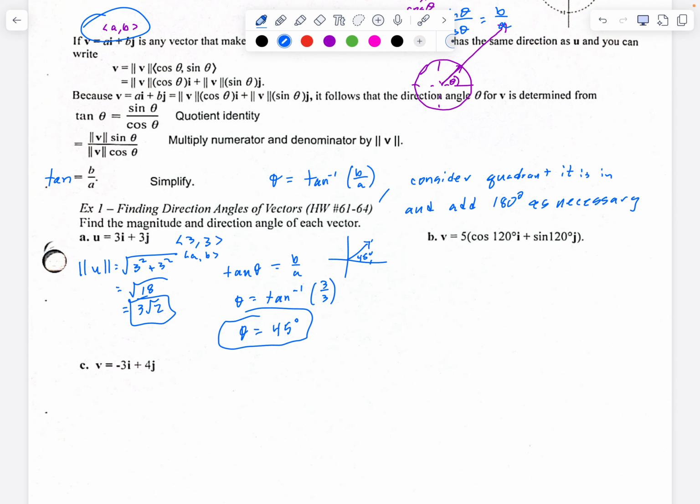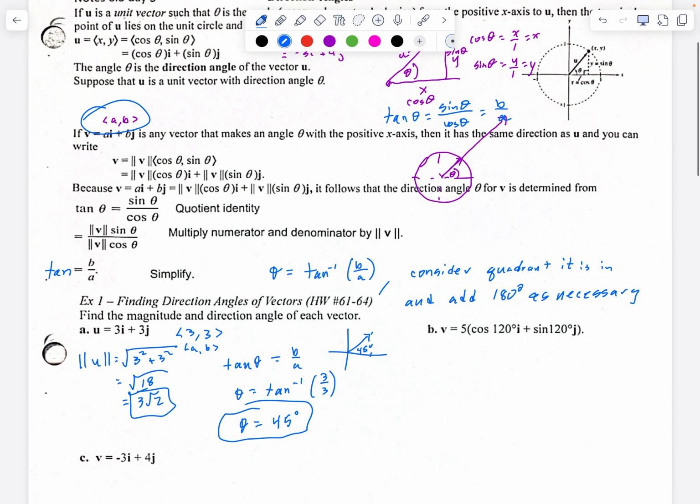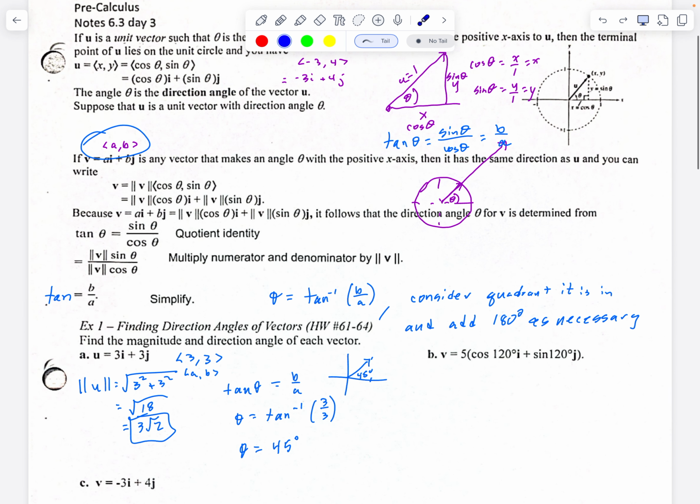We're going to see as we change into part C that we're going to have to do something to that to get to the correct angle. In part B, it is already in this kind of form. It's already broken into the magnitude times cosine theta i, sine theta j.